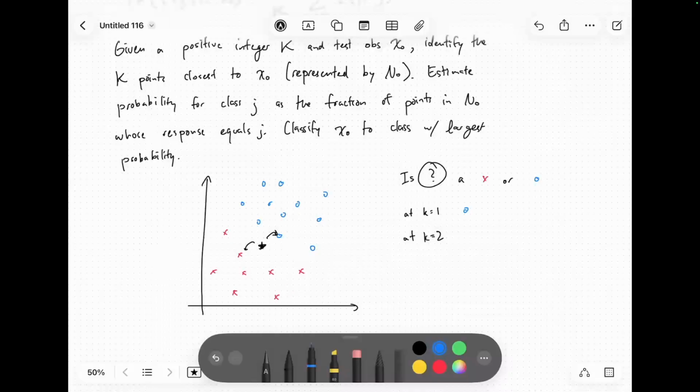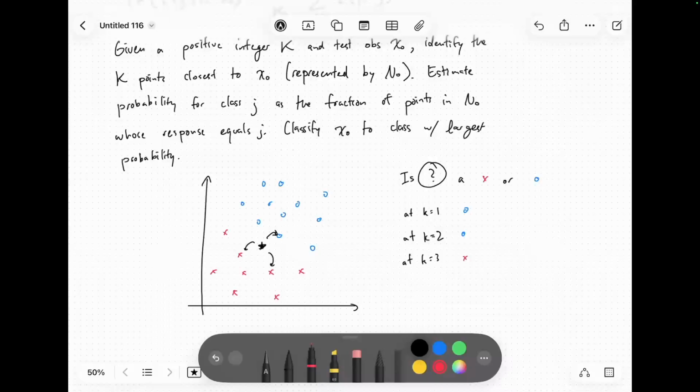So this one is actually still going to be blue. Okay. At k equals 3, let's say the next closest point is this red dot here. So now I'm closest to 2 red points and 1 blue point. So now the classification changes. And now this is red.